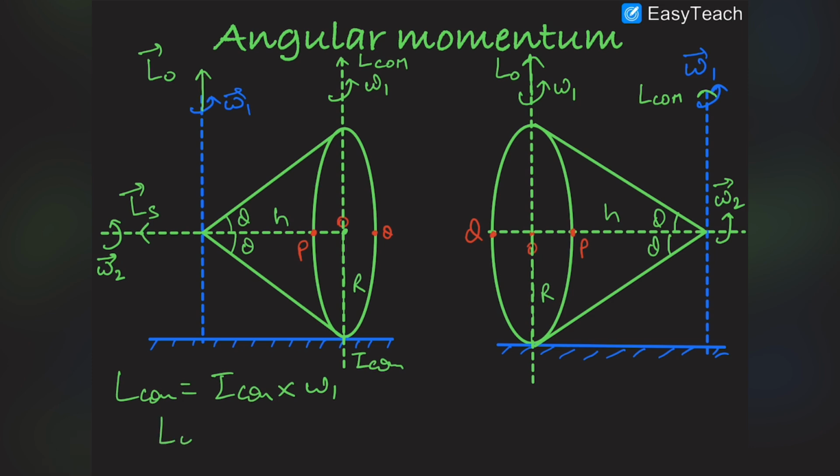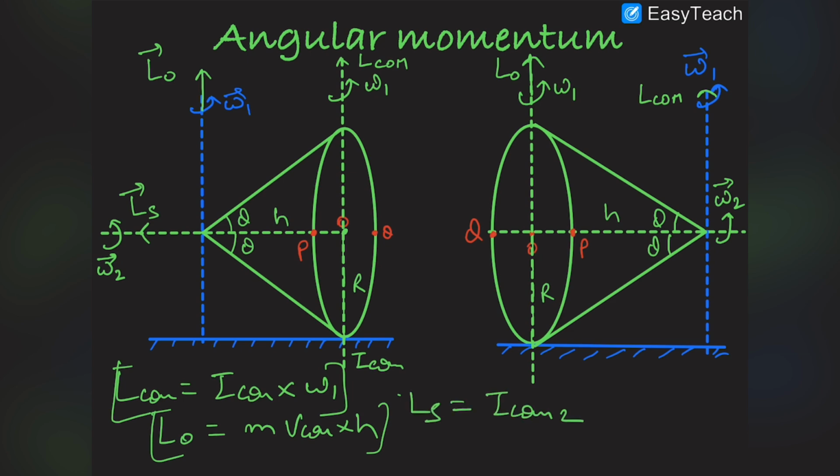And L orbital, L_O, is M V_COM into R. Now R in this case is H. The third one, the spin angular momentum, is L_S, and it is equal to I_COM2, the moment of inertia of this cone about this axis, which is 3 by 10 m r square.